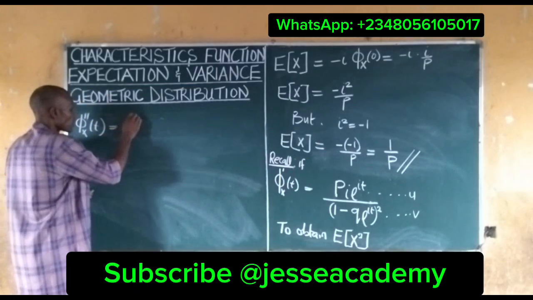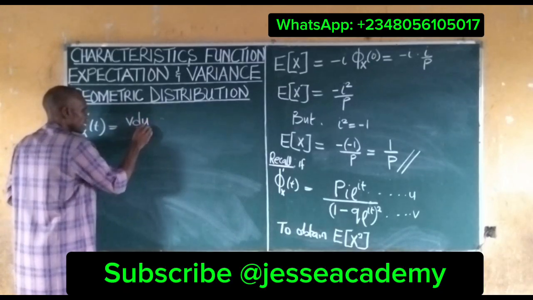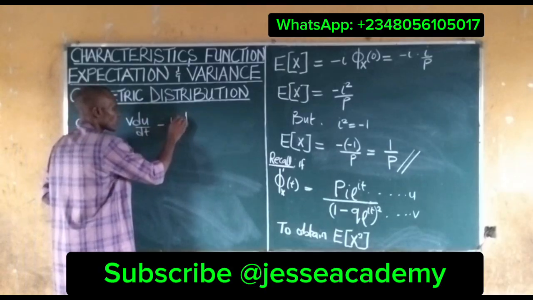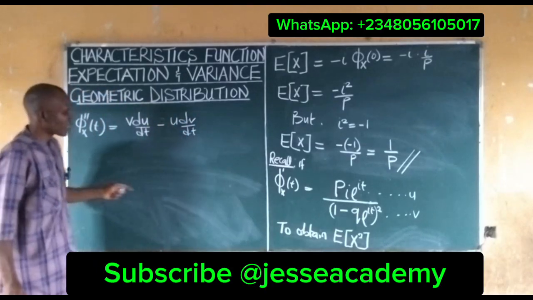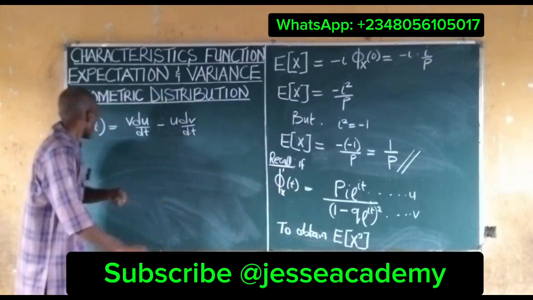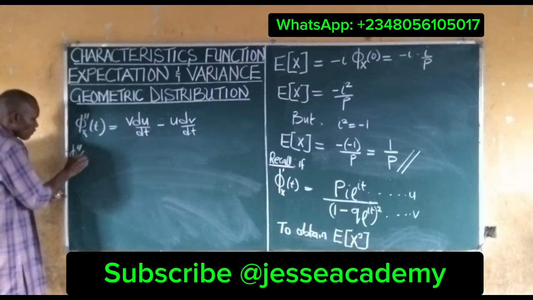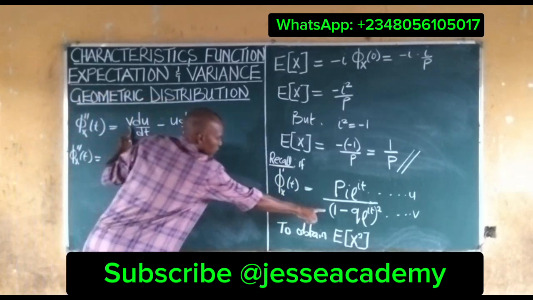The quotient rule of differentiation will say that it is v, the u all over the t, since we are differentiating with respect to t, minus u, the v all over the t. So we are differentiating this function now. It then means that our characteristic function for the second derivative is equal to v. This is our v.